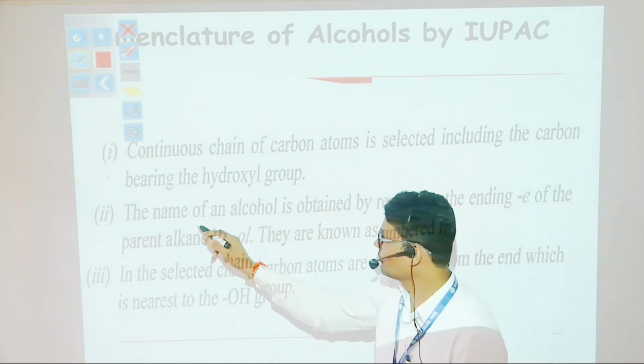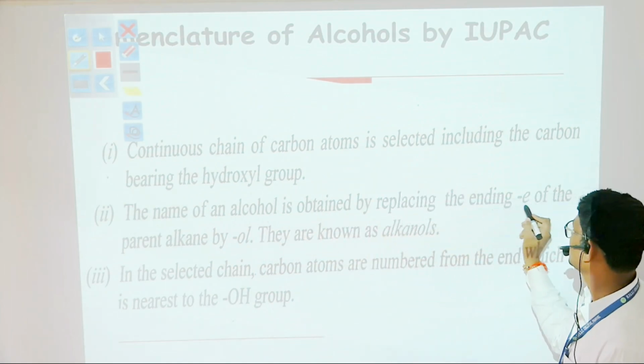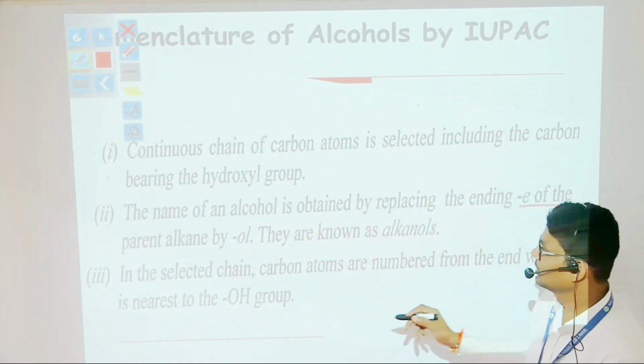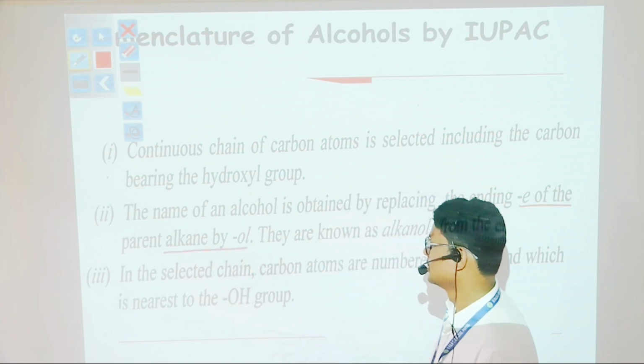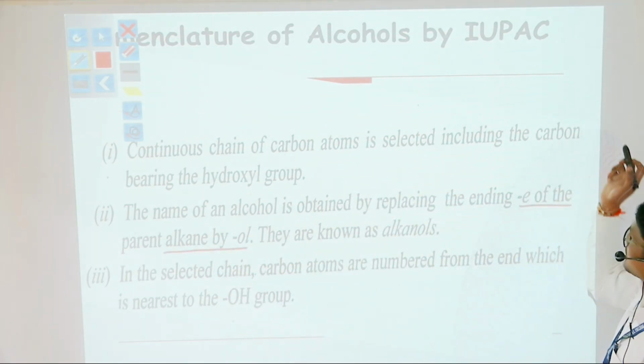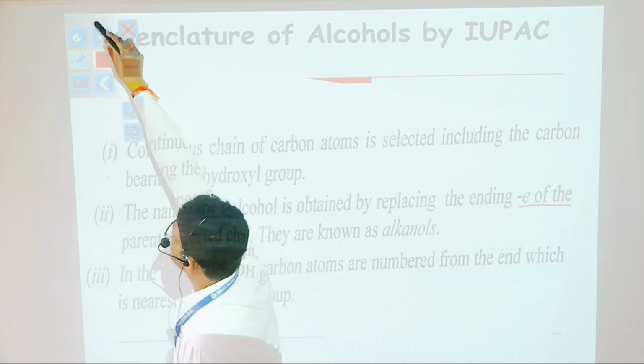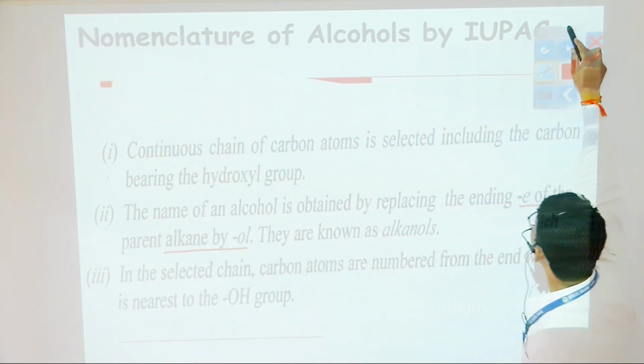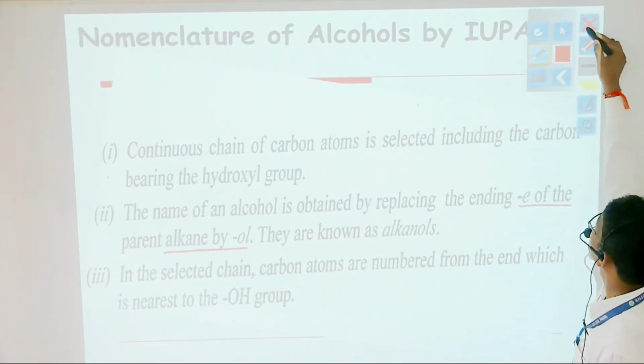The name of an alcohol is obtained by replacing the ending E of the parent alkane by OL. There are some examples by which we can give names to alcohols using the IUPAC nomenclature system.